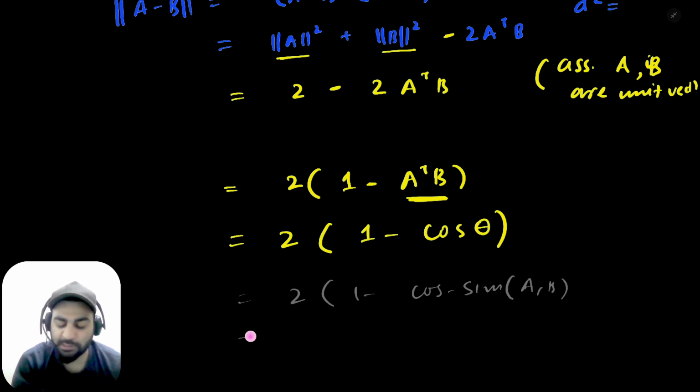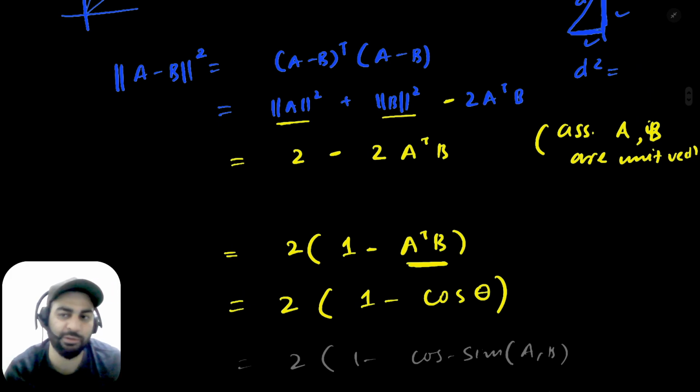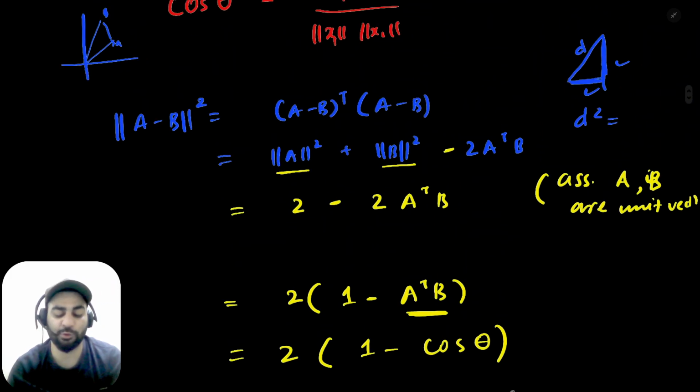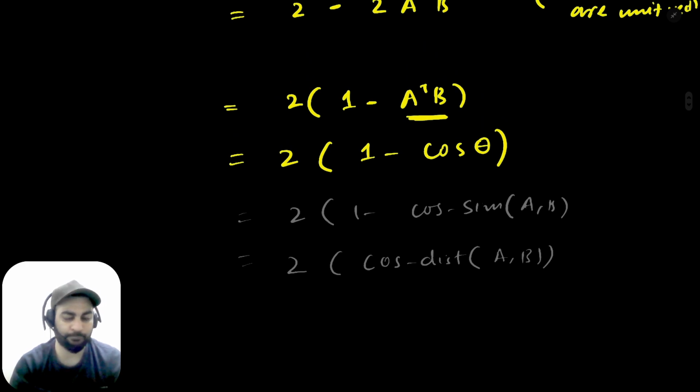And you know what 1 minus cosine similarity is? That's cosine distance. So I can write 2 into cosine distance. Is it clear? This is a simple relationship between Euclidean distance and cosine similarity. Is it clear? Yes, sir.